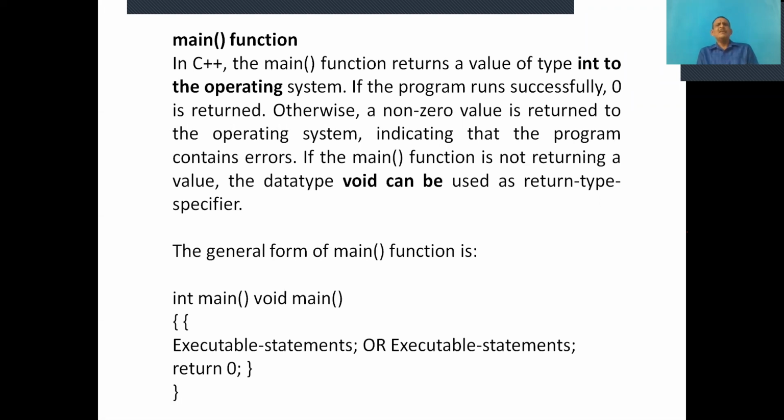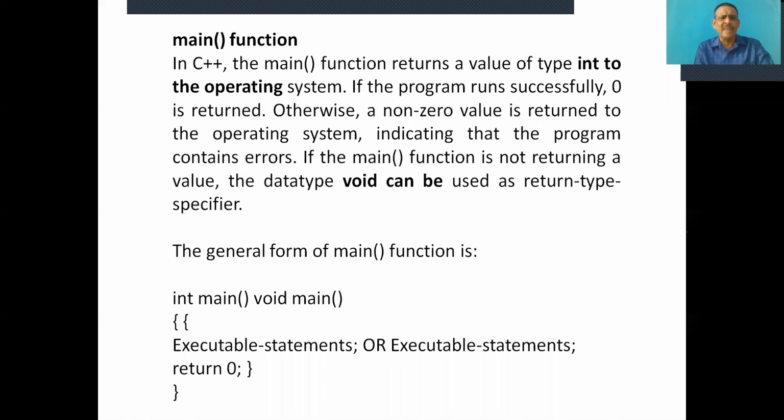When we use the main in the program, it gives certain information to the compiler. If your program is executed successfully, then main returns 0 to the operating system, so the program is error-free.